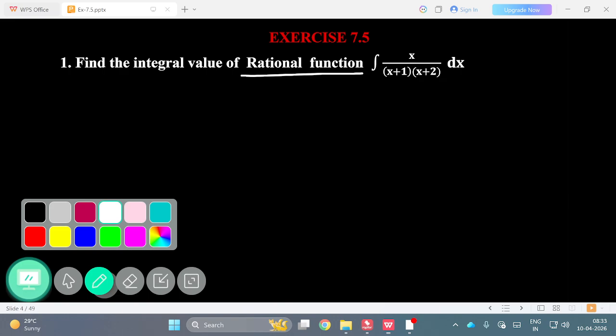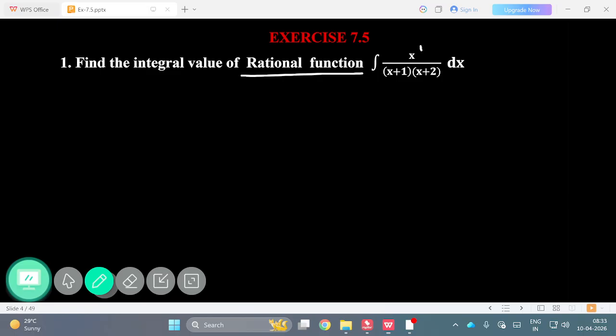Look at the power of x is 1 in the numerator. Denominator is what? 2. Here x power 1, and the denominator has power 2. The power of x in the denominator is always greater than the numerator. Correct? So it is applicable for the partial fraction method. This is the first rule.